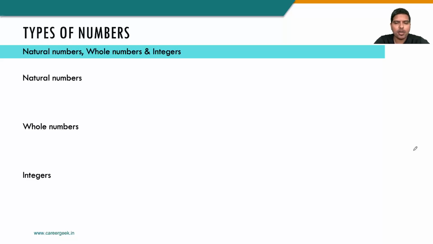Natural numbers, whole numbers, and integers, right? So natural numbers, most of you would be aware, start from 1, 2, 3, 4, and so on up to infinity. So 1 is the first natural number. The next one is whole numbers. Whole numbers is natural numbers plus 0.